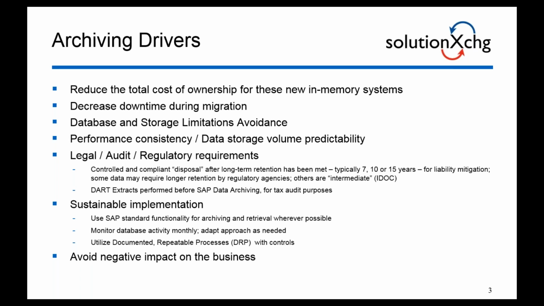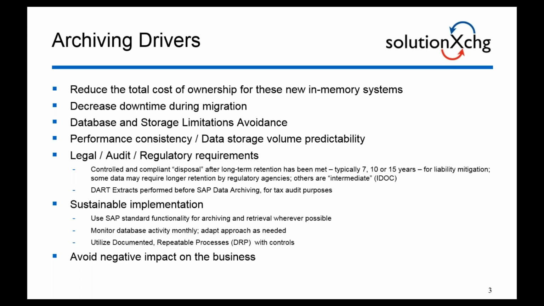Also, monitor database activity monthly and adapt your approach as needed. So it is important to look at your database activity consistently. If you see any spikes or rises within your tables, then you need to adapt your approach as needed.